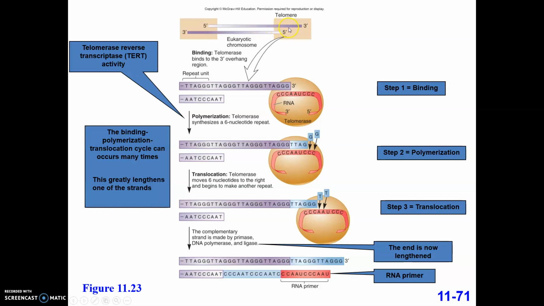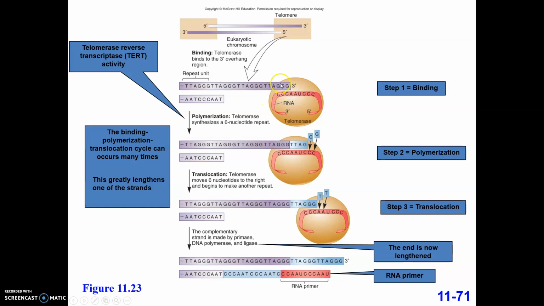So this is better understood in a diagram here. So here we have a 3' end, and what we need to do is start filling in a sequence over here, but we need some piece of RNA to add a 3' end to. So what telomerase does is it has a sequence internal that is complementary to this telomere sequence in part and contains the complementary sequence for the rest of it.